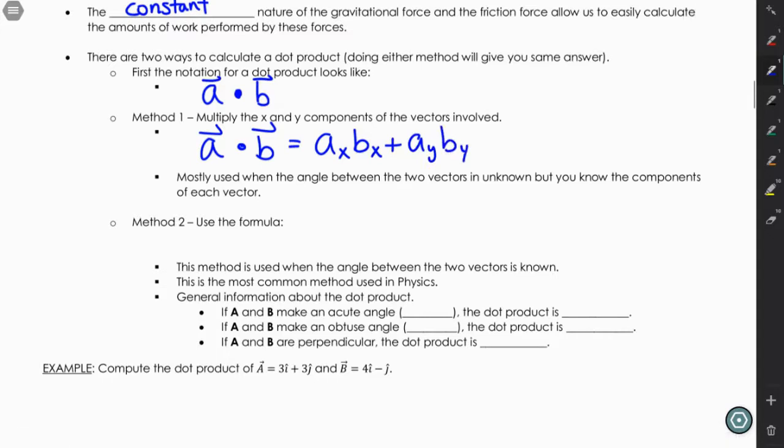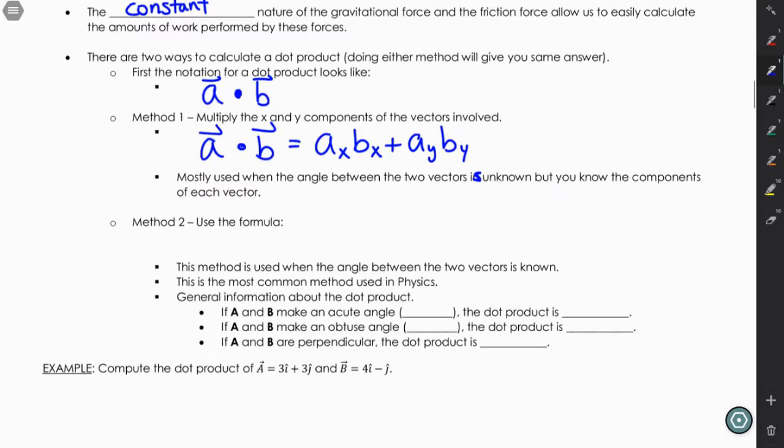Whatever the x components of A and B are, you multiply them. Whatever the y components of A and B are, you multiply them, and then you add those two results. Now, this is mostly used when the angle between the two vectors is unknown, but you know the components of each vector, right?